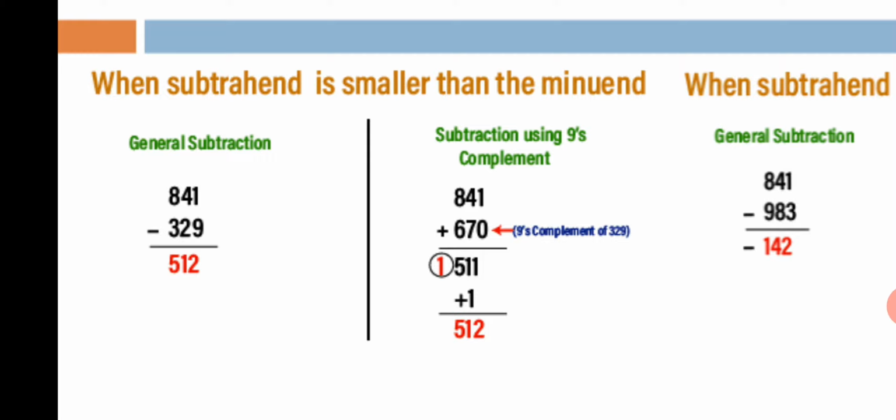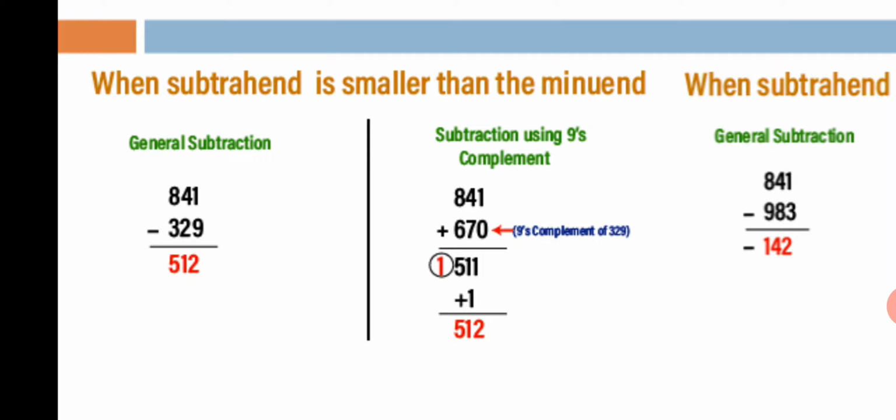The concept is very similar, very much the same. You don't need to worry much. Here, each and every value, 3 is a separate value, 2 is a separate value, 9 is a separate value. Each and every position has to be subtracted from 9. Now, 9 minus 3, how much? 6. 9 minus 2, 7. 9 minus 9, 0. That is the reason why you are going to get 670.